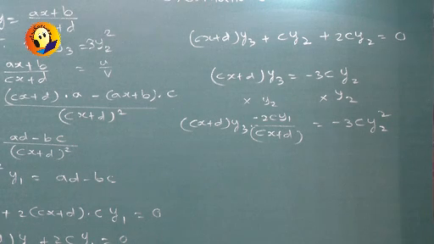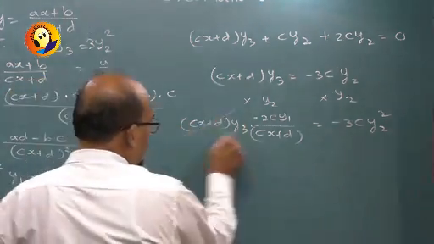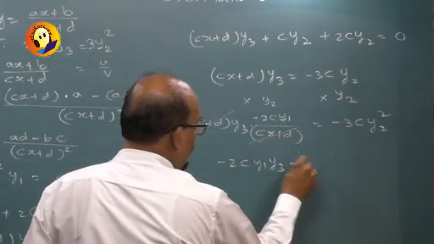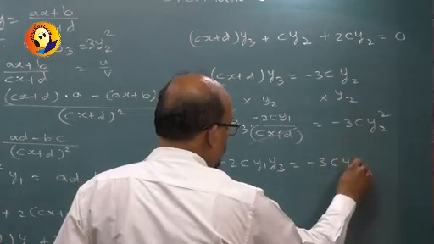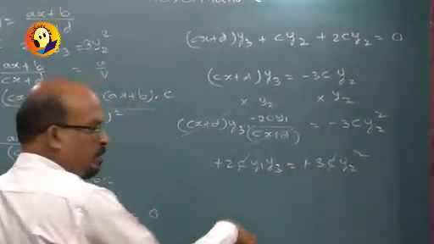And we get the answer. So some trick. This will be faster also, but you will have to work it out in this manner. So cx plus d cancels. You have minus 2c y1 y3 equal to minus 3c y2 square. So c cancels, comes plus, proved.